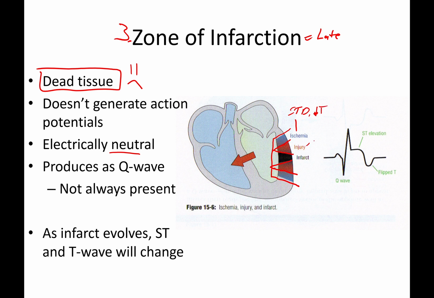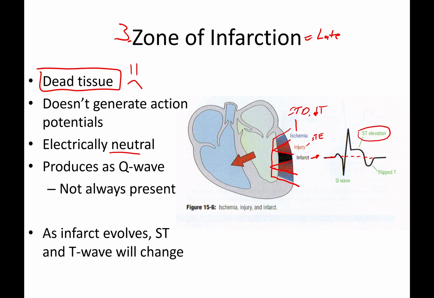Your injury will have ST elevation with inverted T waves, and then your infarct will do something unique. And I'm going to do our isoelectric line across here again, just so you can see it. In your infarct section, you'll still have ST elevation because that tissue is still dead and dying. It's having a hard time surviving.